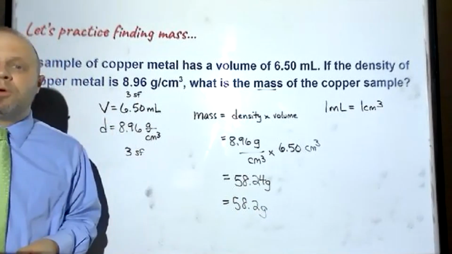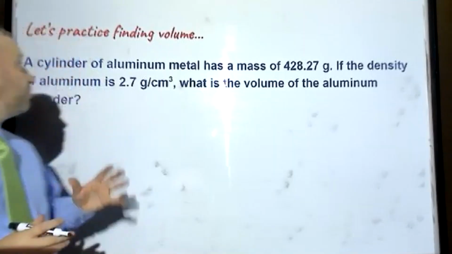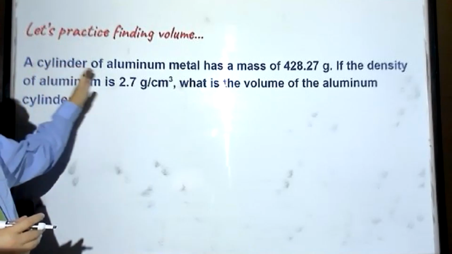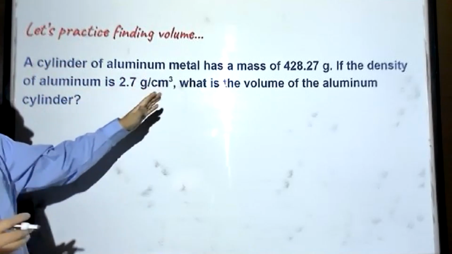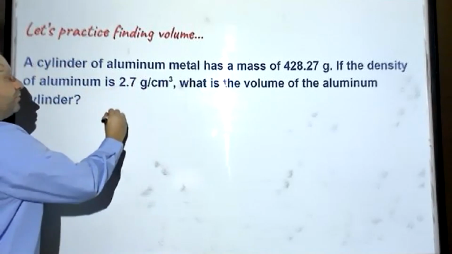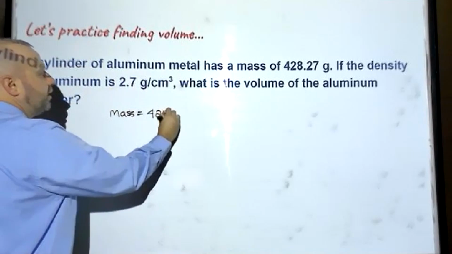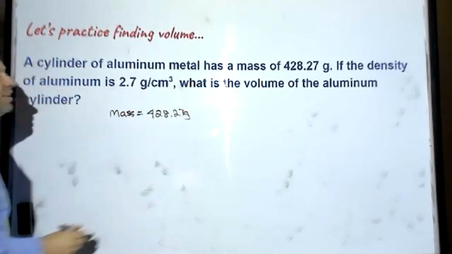All right, we're going to try one more problem together. Okay, so here is our final example problem. It says a cylinder of aluminum metal has a mass of 428.27 grams. So my mass is equal to 428.27 grams.